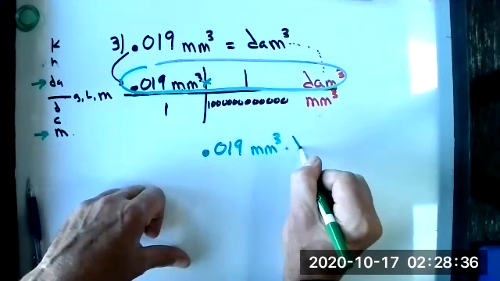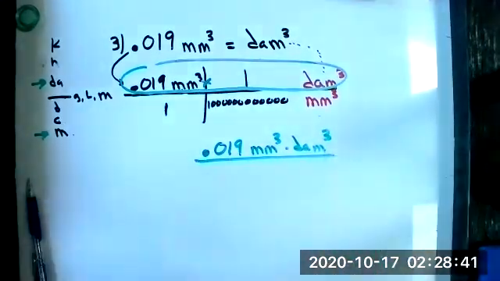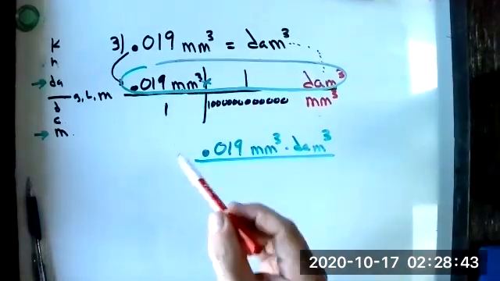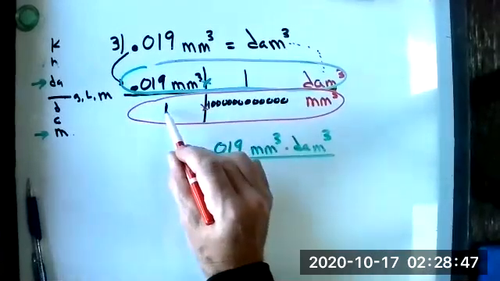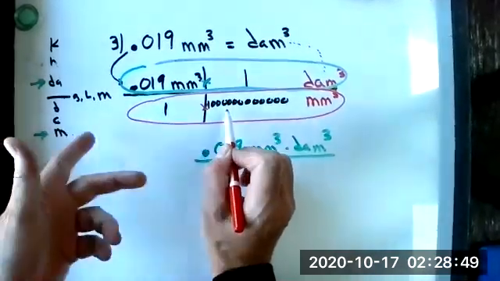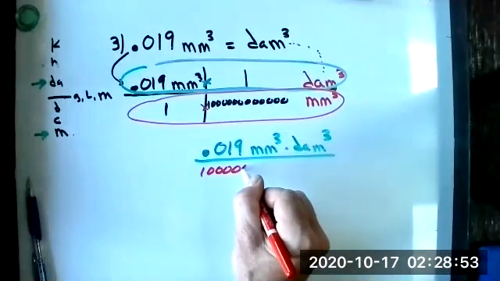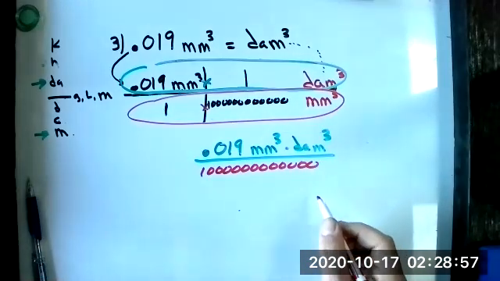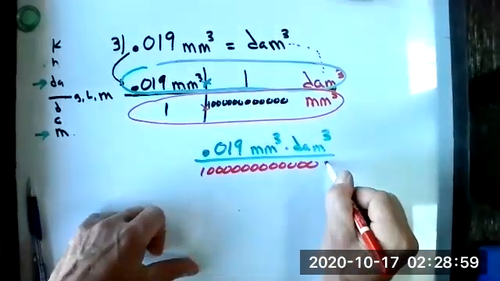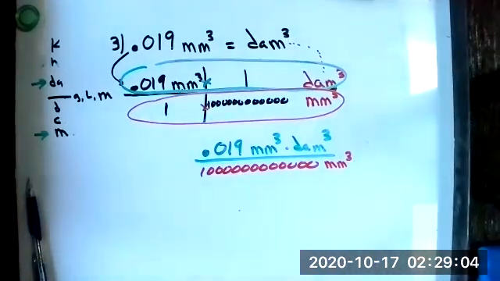Okay, let's grab the bottoms now. Same thing. 1 times 12 zeros is still 12 zeros. 1, 2, 3, 4, 5, 6, 7, 8, 9, 10, 11, 12. 1 times millimeter cubed is still 1 millimeter cubed.